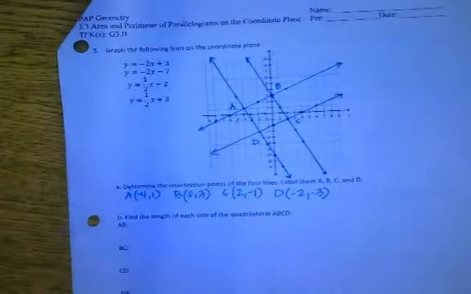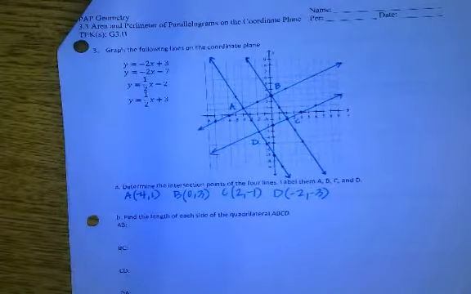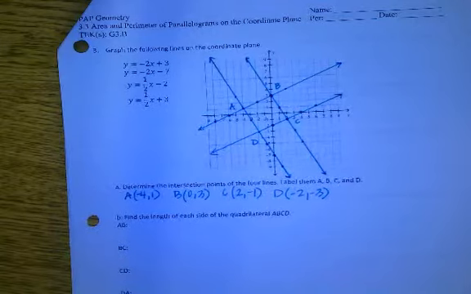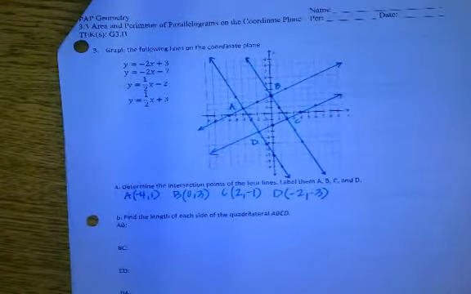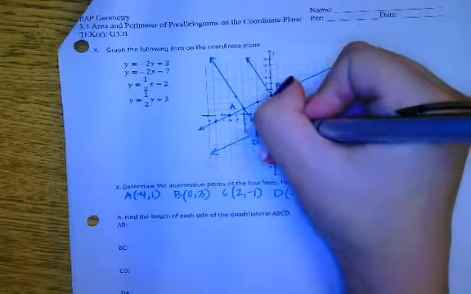Okay, now it wants you to find the length of each side of the quadrilateral. So you can use distance formula or you can use Pythagorean theorem, whichever one you decide. We need to find the length of each side. So I'm going to draw right triangles everywhere.